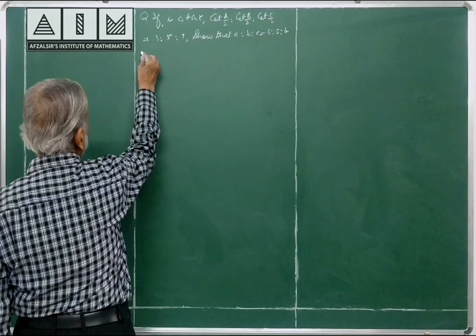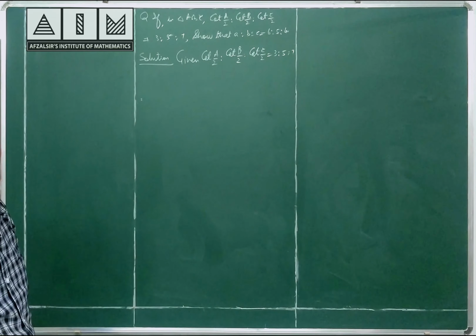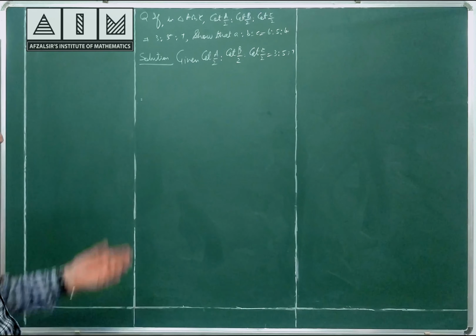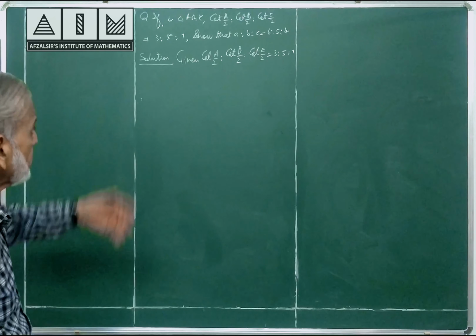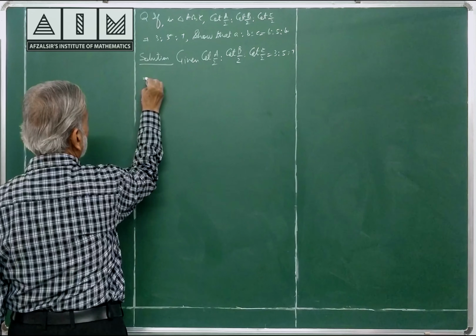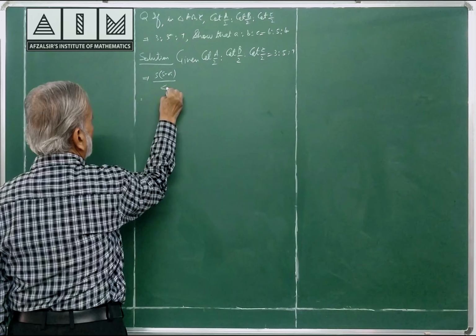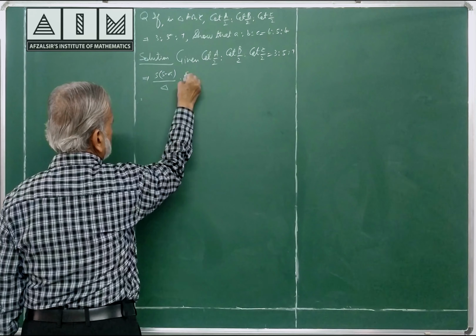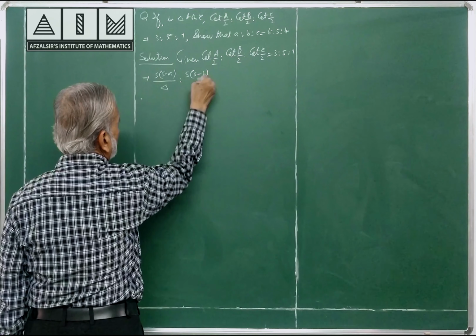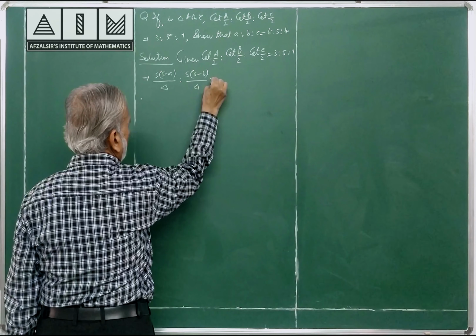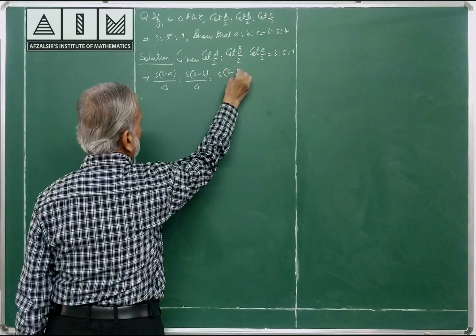I am proceeding, please see here. Cot A by 2 is to cot B by 2 is to cot C by 2, 3:5:7. Cot A by 2 we have a formula, cot B by 2 the similar formula, and also for cot C by 2.